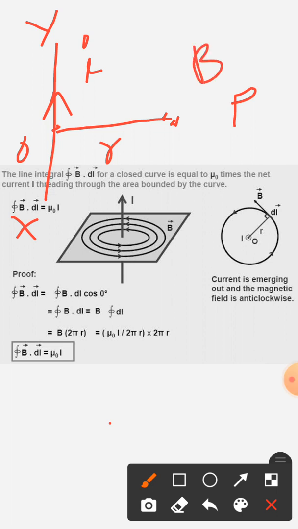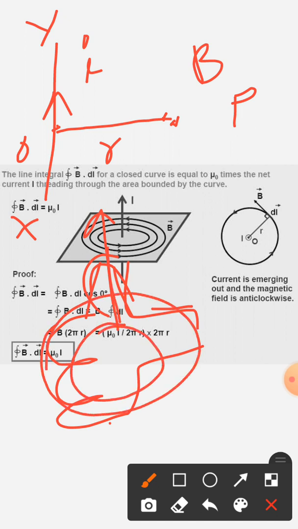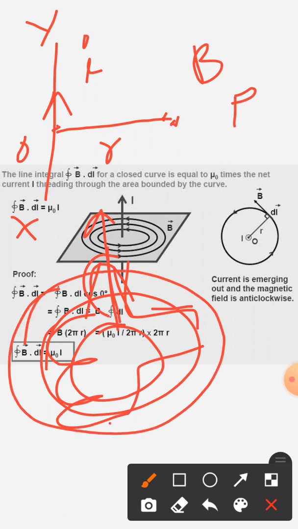According to the right hand rule, if we take a conducting wire in the right hand, then the current flows in the direction of the thumb. The produced magnetic field will be circular along the direction of the fingers.